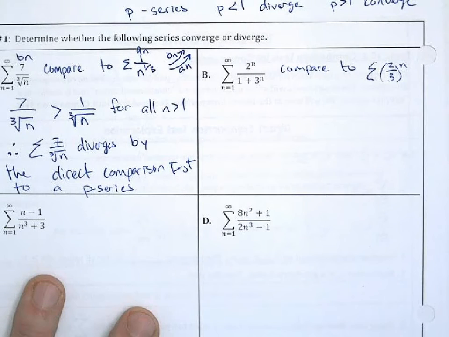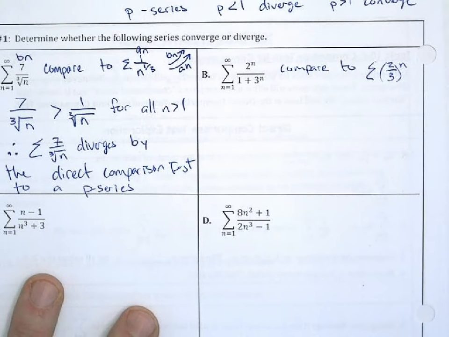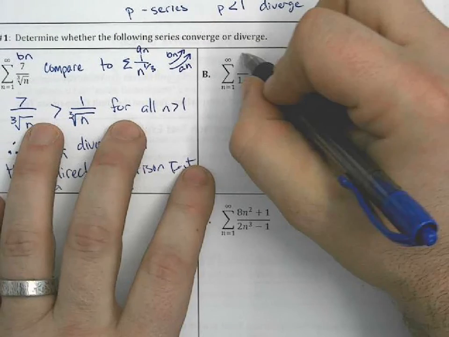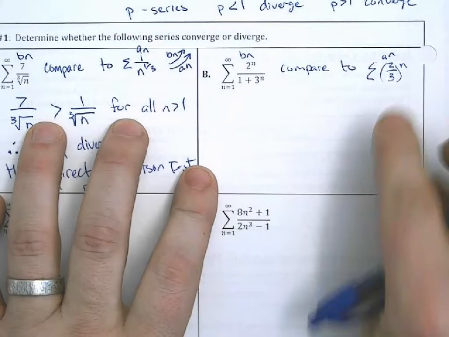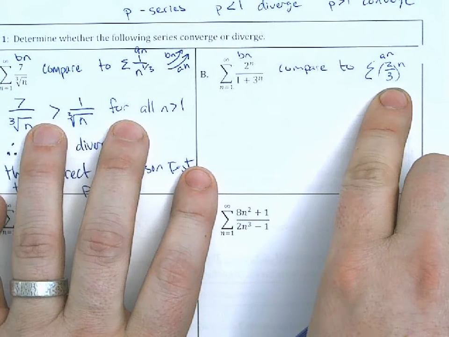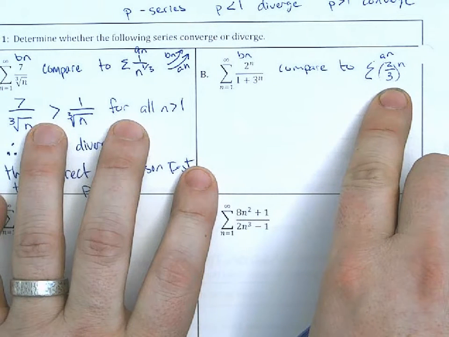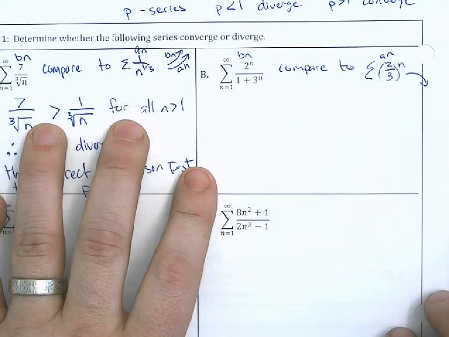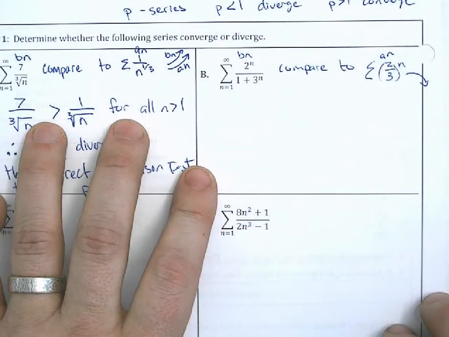Does it look very close to that one? Yeah, it just has that little 1 plus on it. And what do we know about the one we're going to compare it to? When r is less than 1, it converges. So what do we need to show about ours?